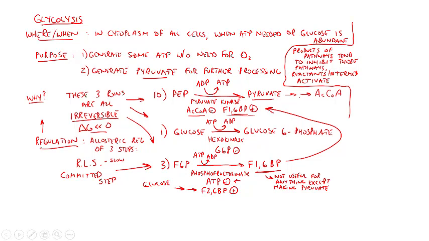There are exceptions, but that's a pretty good rule of thumb. So the whole point of glycolysis is eventually to generate ATP. Therefore, ATP inhibits glycolysis to avoid waste. And that's generally true of many, not all, catabolic pathways.